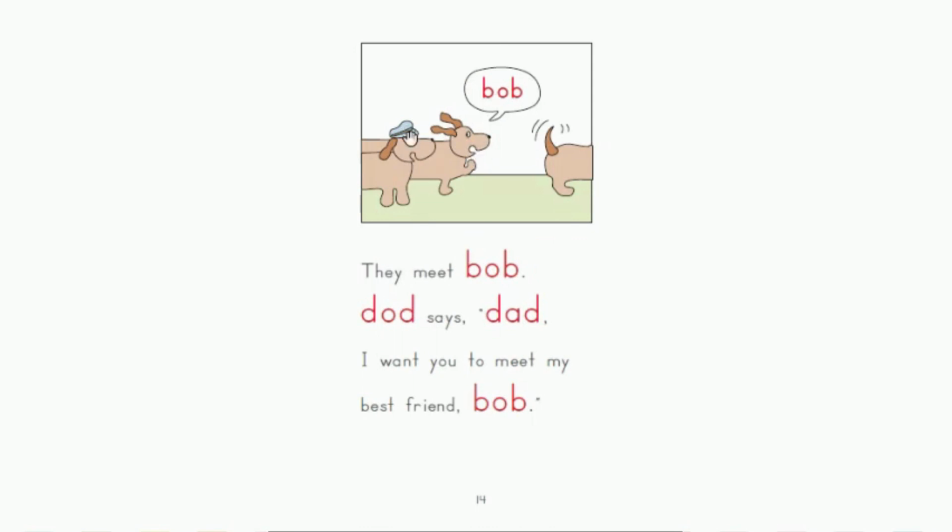So they were walking. They met Bob. Dod says that he wants his dad to meet his best friend Bob.